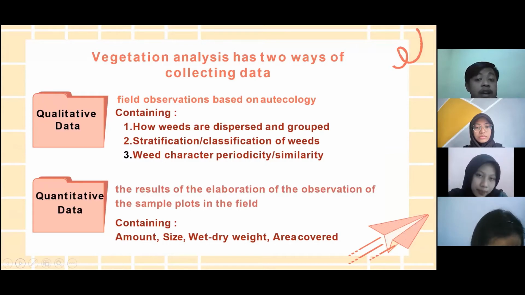Three, weed character, periodicity or similarity. Two, quantitative data, based on the result of the elaboration of the observation of the sample plots in the field. It contains amount, size, weight, and area covered.